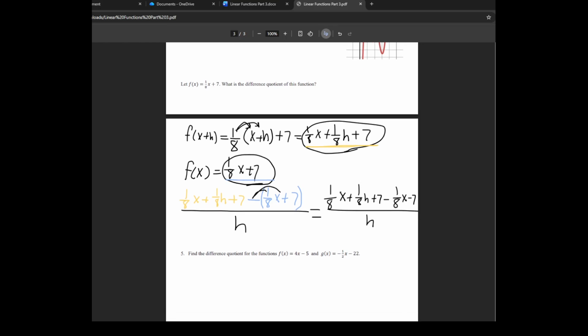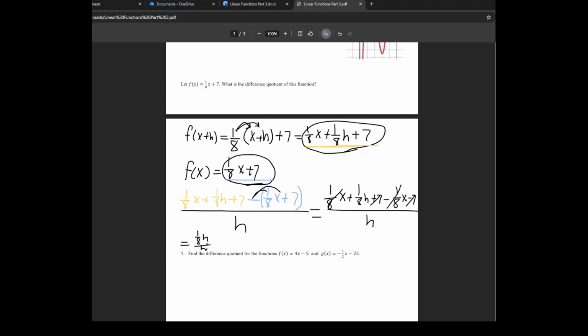All right. Well, 1 over 8x minus 1 over 8x, this cancels. 7 minus 7, this cancels. So just combining like terms, we've canceled a lot, actually. This works really, really nice. We have 1 over 8 times h divided by h.